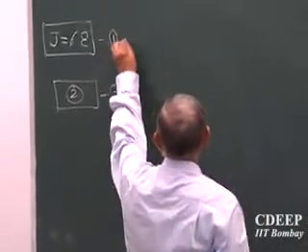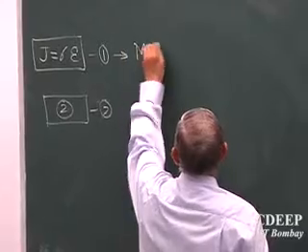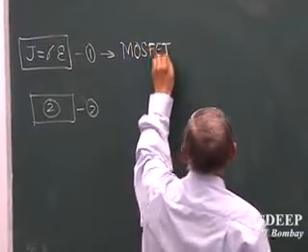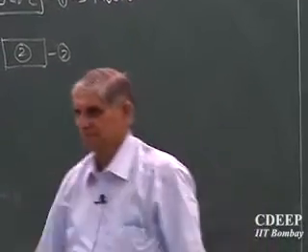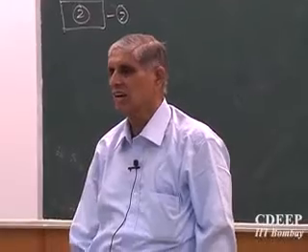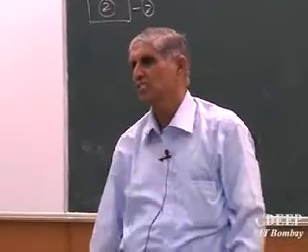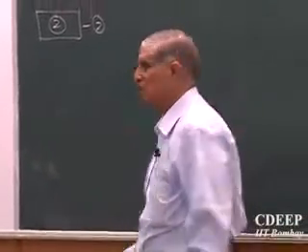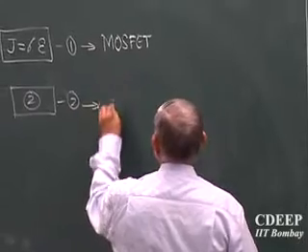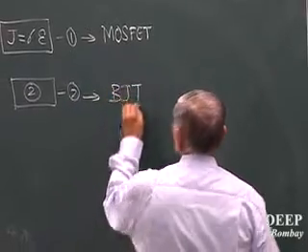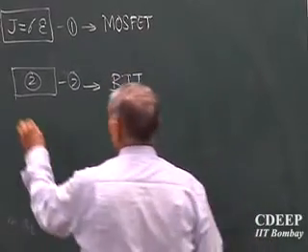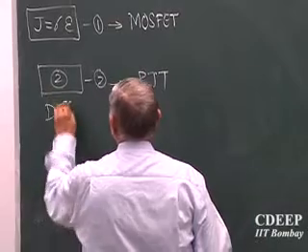In the case of MOSFET, the transport is essentially drift transport. The essential mechanism of transport in MOSFET is J equals sigma E, whereas in BJT it is essentially the second kind of transport, which is called diffusion current.